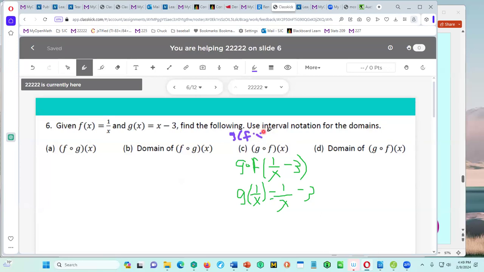What is f of x? f of x is 1 over x. So the inside there is just 1 over x. And then we say, okay, let's run that 1 over x through g. What is g? g is the subtract 3 from the input function. Well, you subtract 3 from 1 over x, and that gets you that thing.